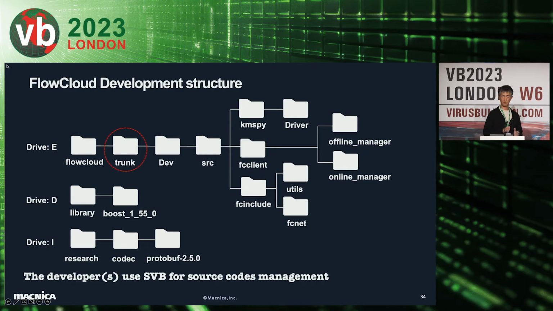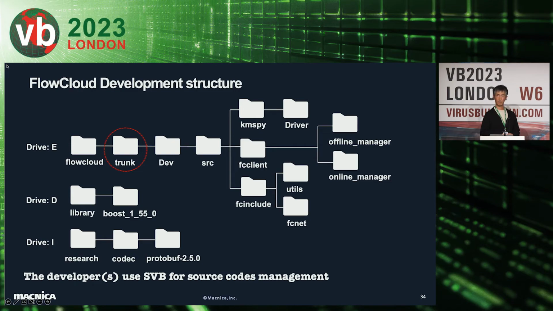Under the source directory, there are some directories. One is KMSPY, a rootkit driver, and FC client is the FlCloud DL. And FC include suggests that common include files are deployed in this directory. And I guess that an FC server directory is also under the source directory.